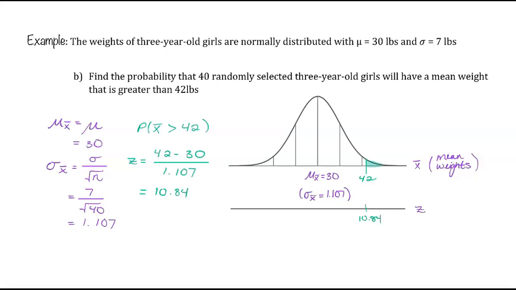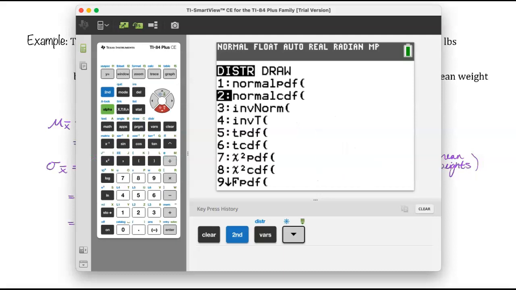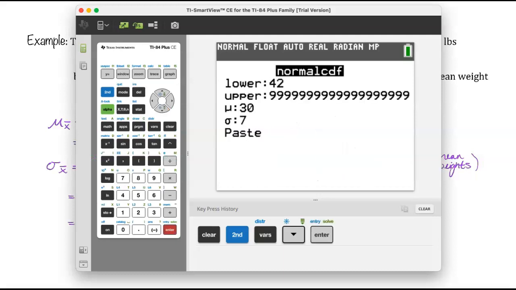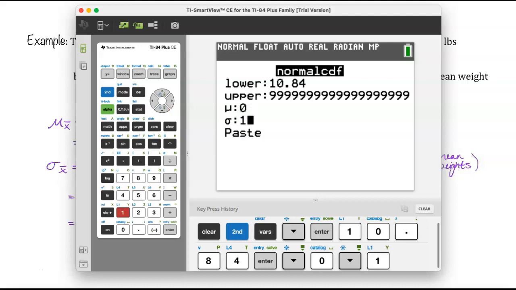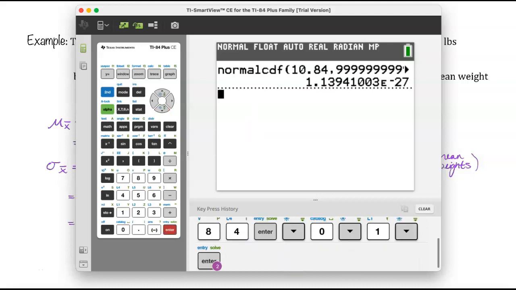Once again, using our calculator, with normal CDF, we'll put in our lower limit, our z-score of 10.84, our upper limit, a very large number, our mean of 0, and our standard deviation of 1. This gives us an area that is extremely small. We have 1.139 times 10 to the negative 27.